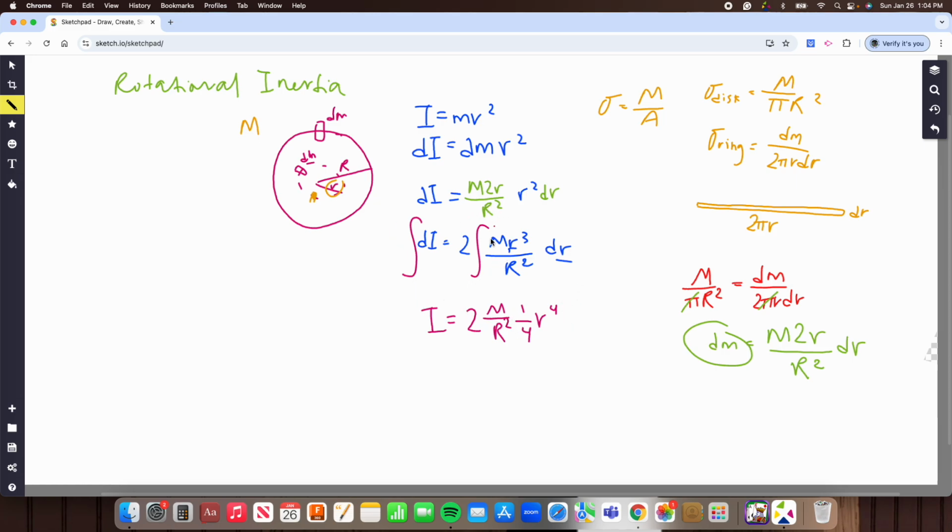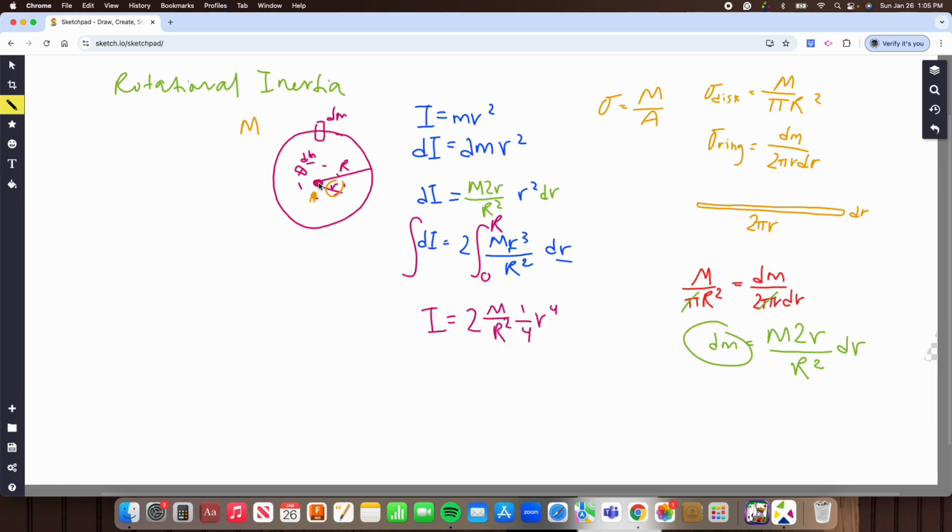But these integrals are going to have bounds. These bounds are going to go from 0 to capital R. What this is basically saying is that our starting ring is going to have a zero r value.